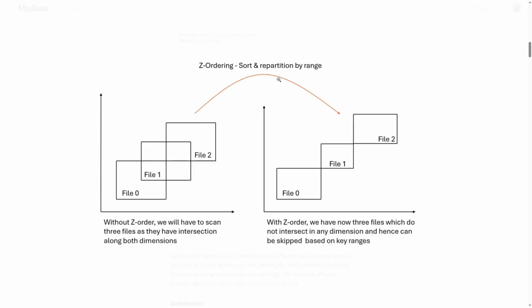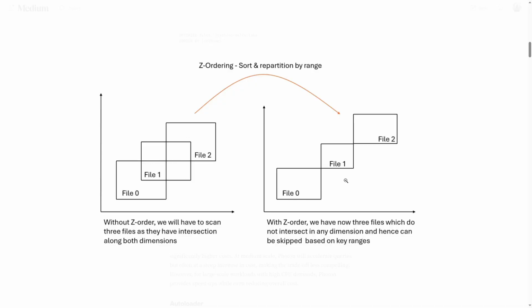Then when we do Z-ordering, we try to put the content in such a way that we don't have overlaps. Let's say file 0 had four quadrants, 1, 2, 3, 4, and we are searching for 2. We'll have to open this file to see whether it is present here or not. We also have to open this file because that also falls in the same range. And maybe we have to open file 2 as well, because we don't know where the ranges end, since we have overlap. So we might have to open all these files.